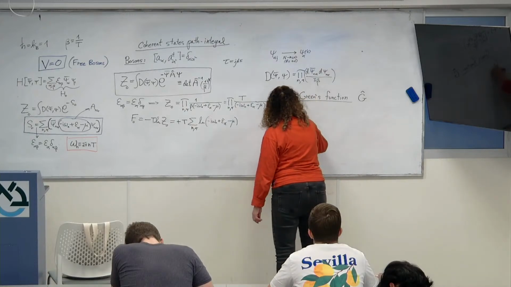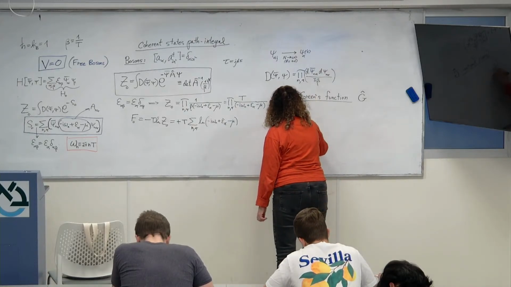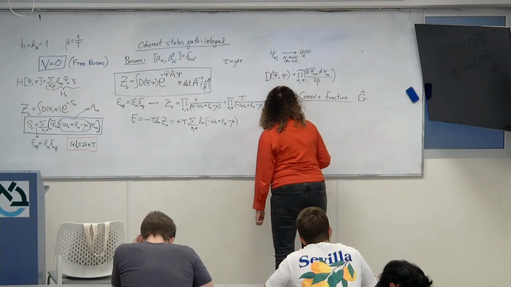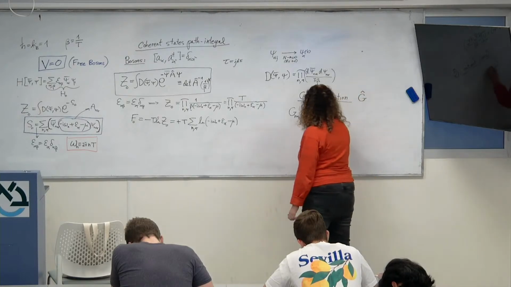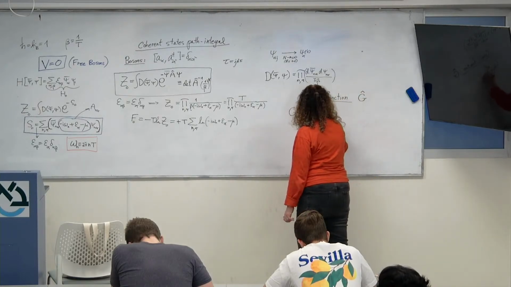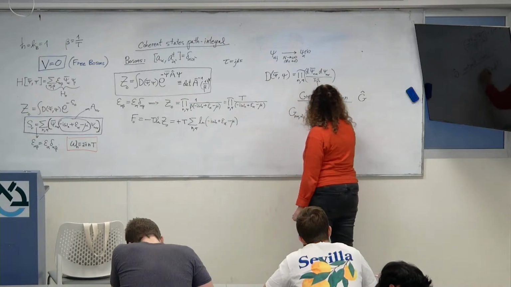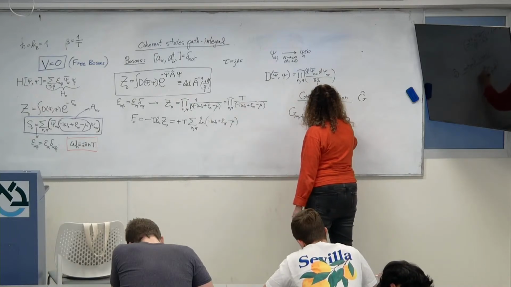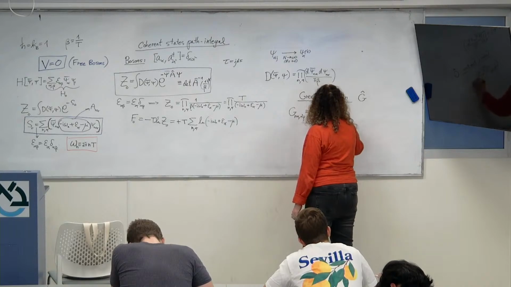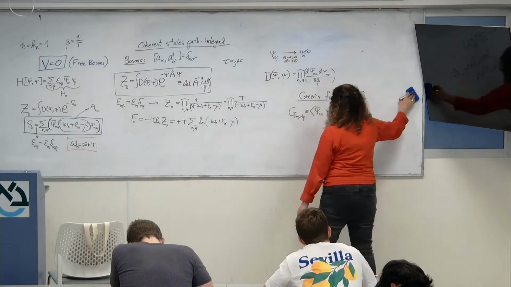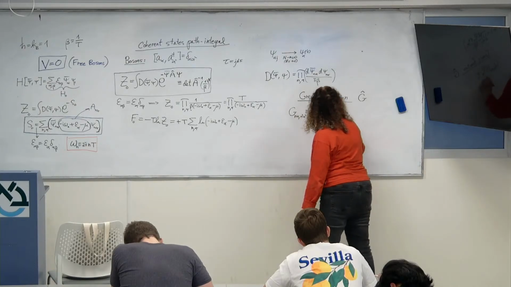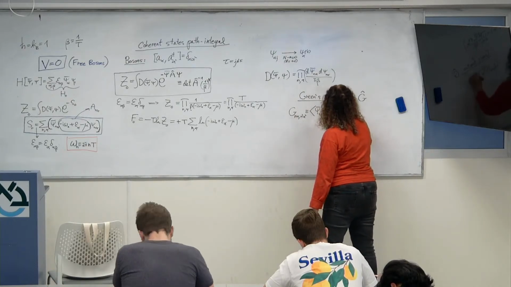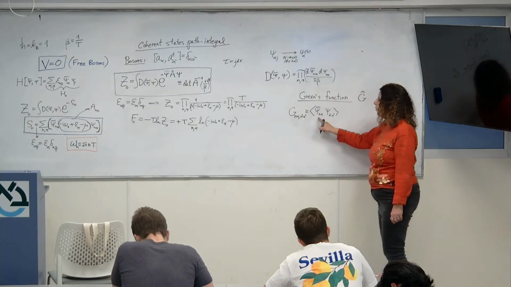So the n alpha, n prime alpha prime element of the matrix is defined as the expectation value of psi n alpha bar, psi n prime alpha prime. Okay, that's a definition.